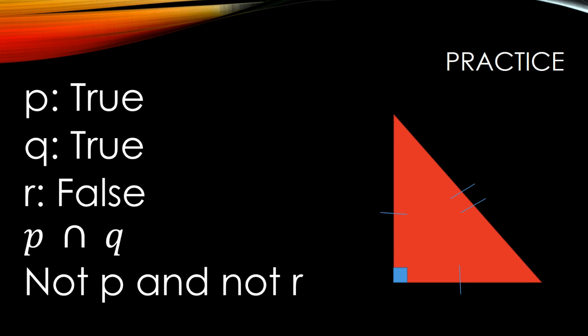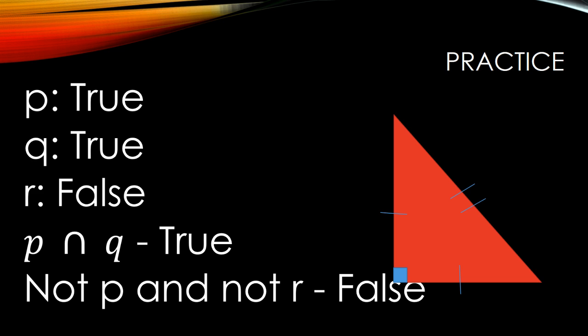It's true and true. Now what about not P and not R? Well, P is true, so not P is false. And R is false, so not R is true. Now these are not both true, so this compound statement is false.